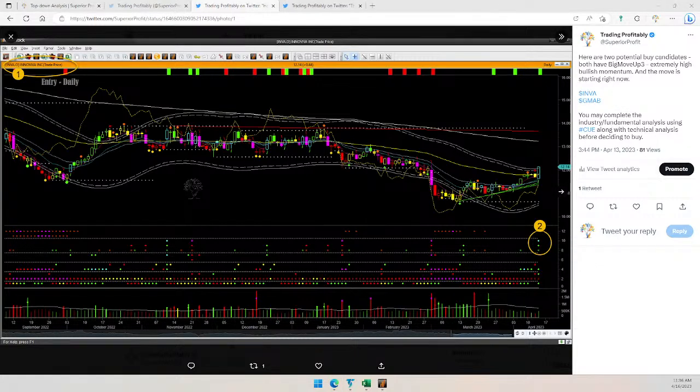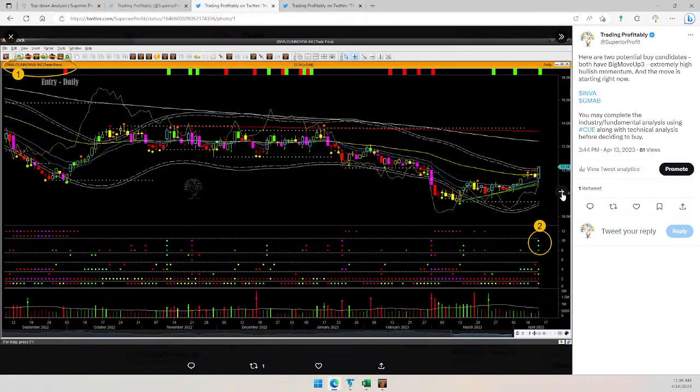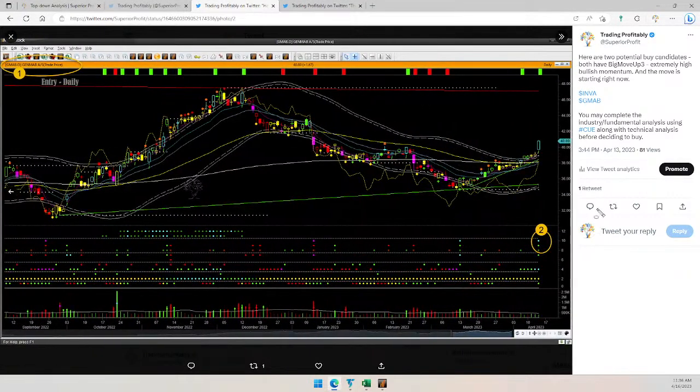Let's look at this stock's fundamentals. INVA. While Vital is retrieving data and calculating the scorecard, let me go back and look at the second healthcare stock I shared. That was GMAB.